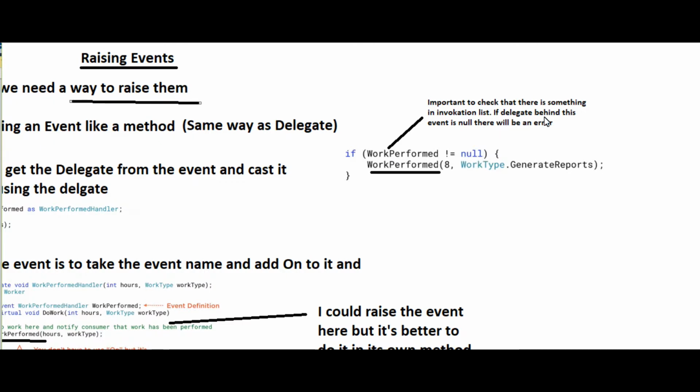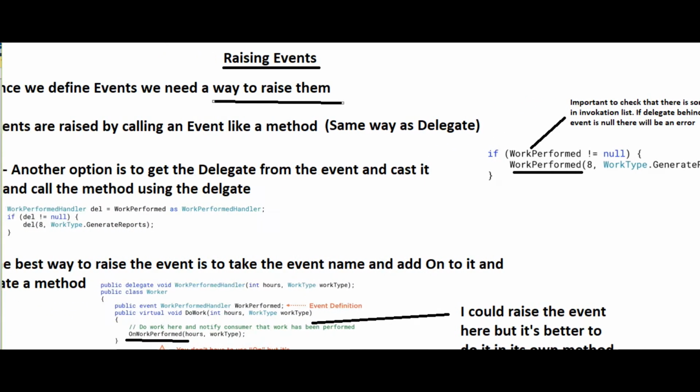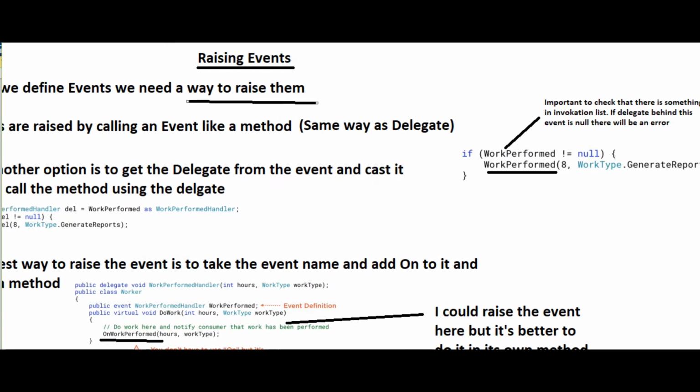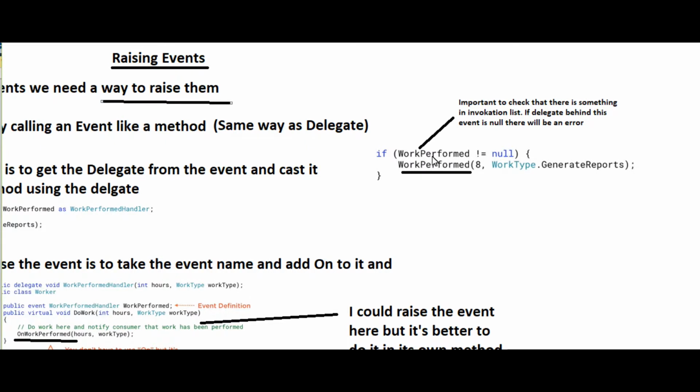If the delegate behind this event is null, there will be an error. So the first thing that we need to do when we're trying to raise an event is make sure that our delegate is not null, and then we call it just like a method.